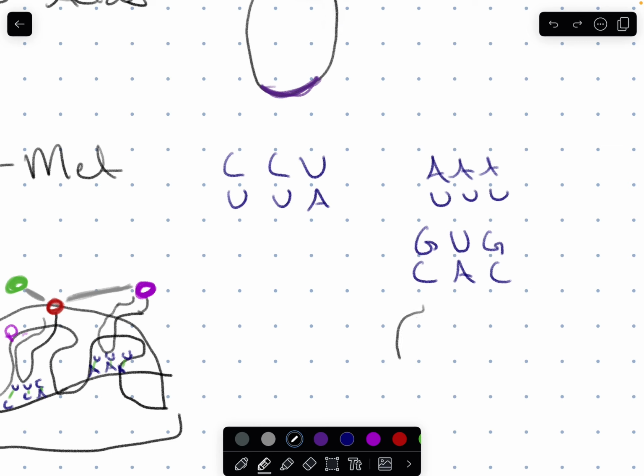These are hard to draw. Okay, so our anticodon is going to be CAC on this end, and this is going to get a different amino acid, which is valine.